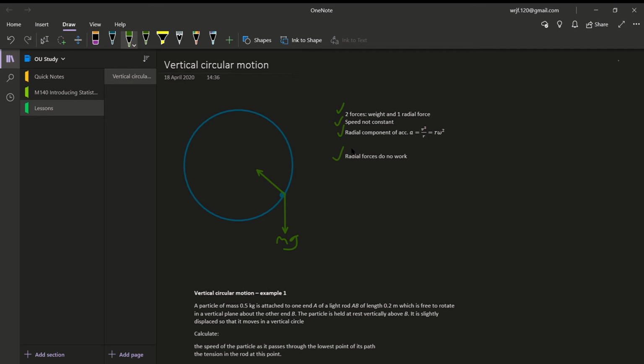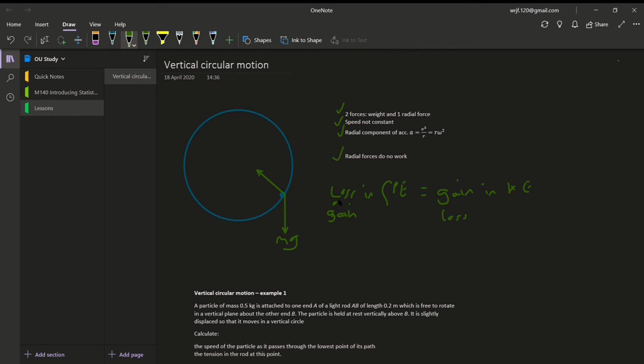It might start at the bottom of the circle, or somewhere down on the circle, with some speed and some kinetic energy, and it'll lose its kinetic energy as it goes up the circle, gaining gravitational potential energy. So it's just a case of either a loss in GPE equals gain in KE, or the other way around, a gain in GPE equals a loss in KE.